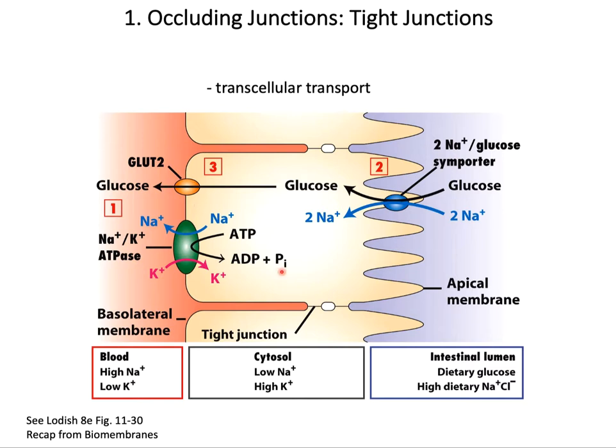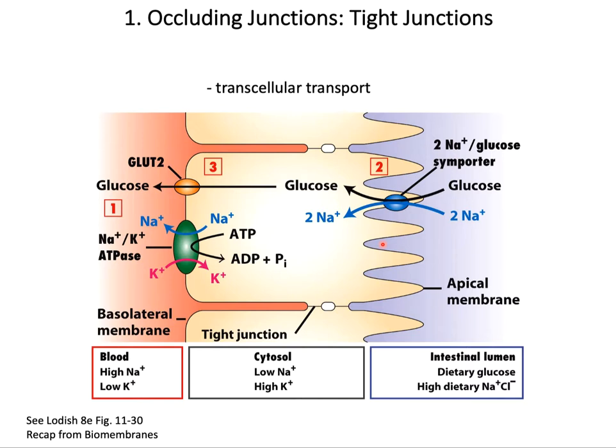Now, the tight junction is very important in this process because imagine what would happen if there were no tight junctions at all in the epithelial layer. You can imagine that the glucose might abnormally flow from the apical side of this epithelium into the basolateral side in between the cells rather than going through the cell.